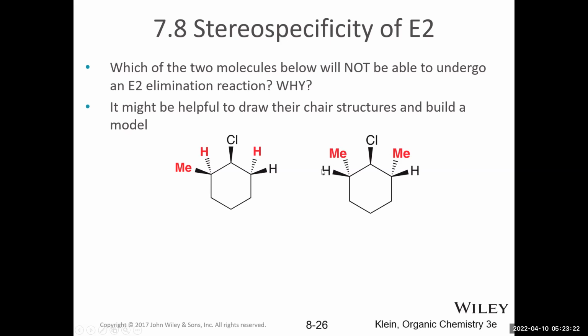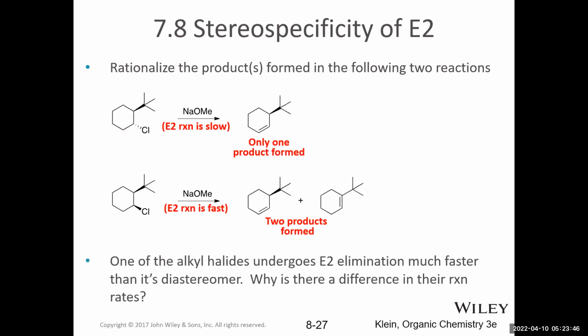The hydrogens here are on a wedge and the chlorine is on a wedge. So these two hydrogens are not opposite the leaving group, and therefore they cannot be removed to form an alkene in an elimination reaction. We want to look for the hydrogen on the beta carbon opposite the leaving group for the reaction to take place when the substrate is a cyclohexane derivative.